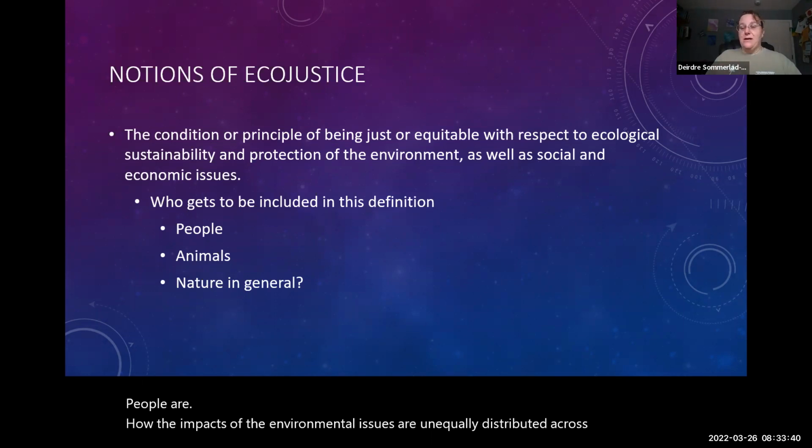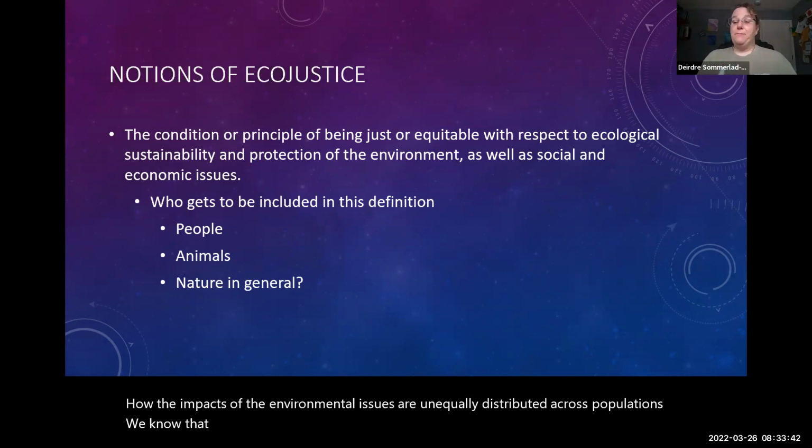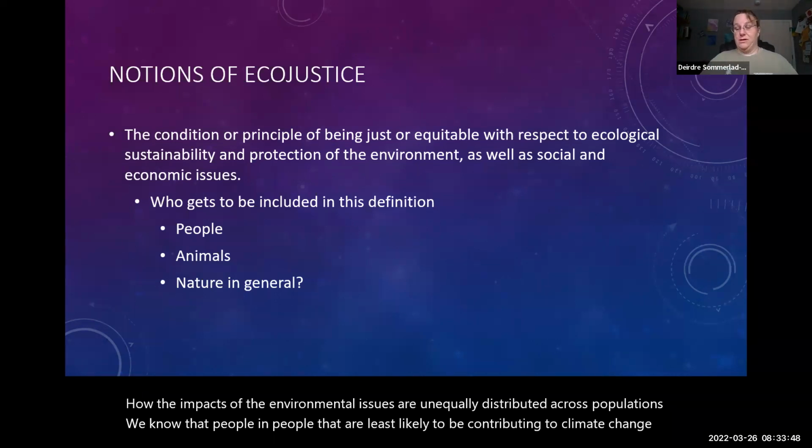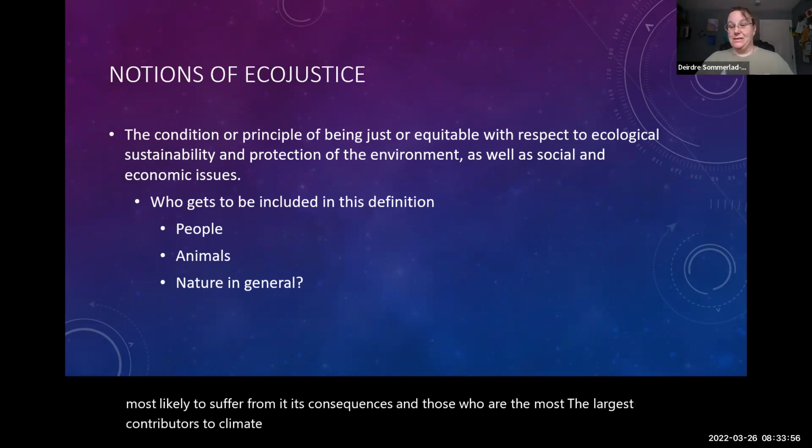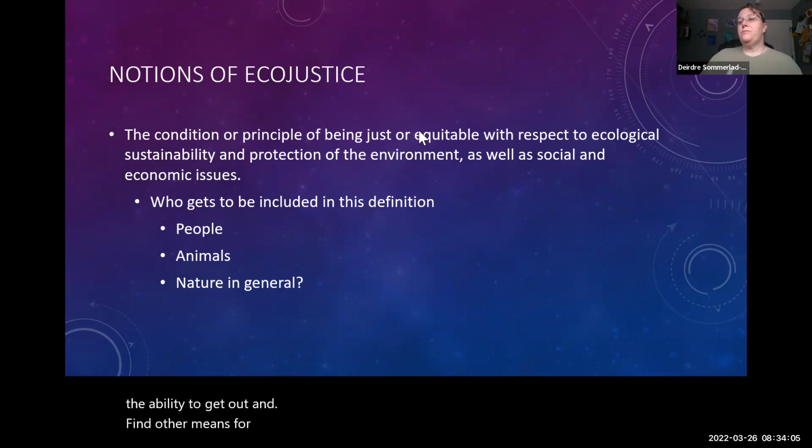We know that people that are least likely to be contributing to climate change are most likely to suffer from its consequences. And those who are the largest contributors to climate change are least likely to suffer from its impacts because they have the ability to get out and find other means for themselves.